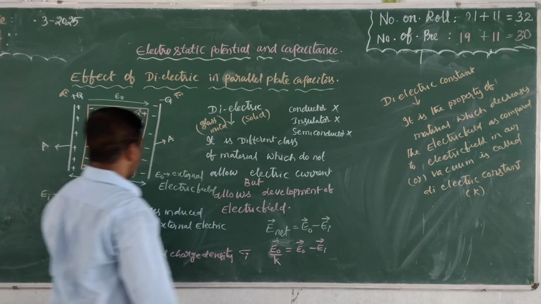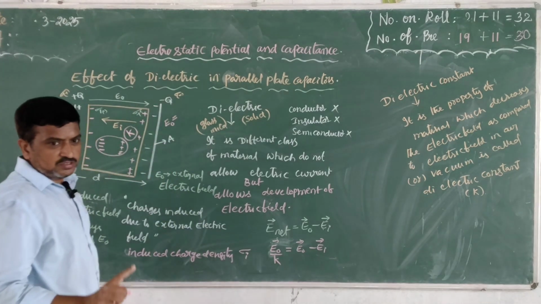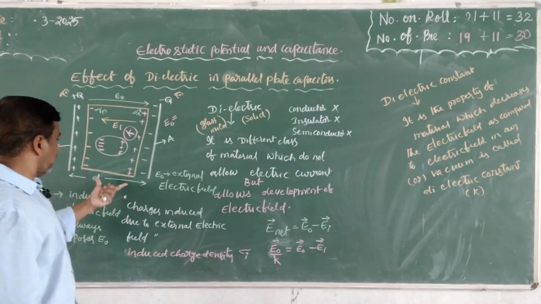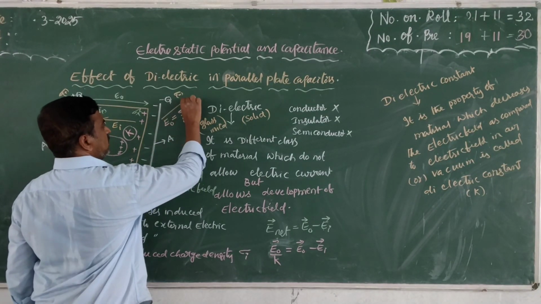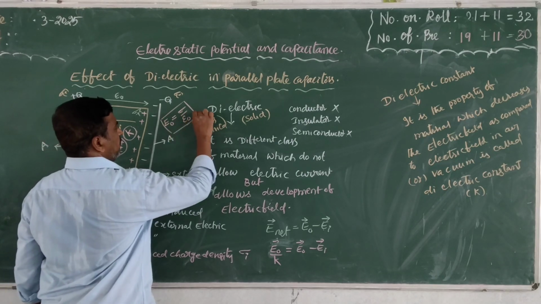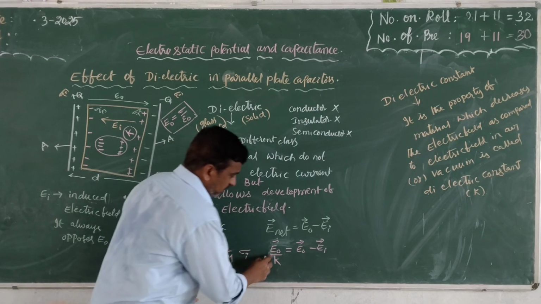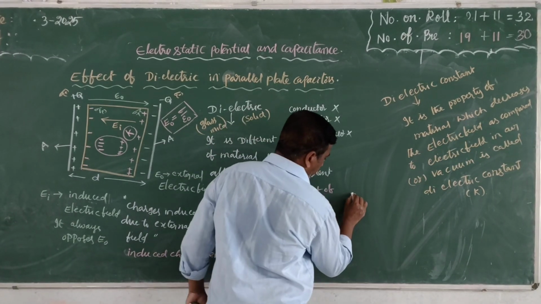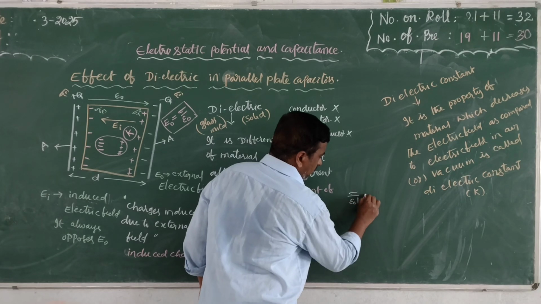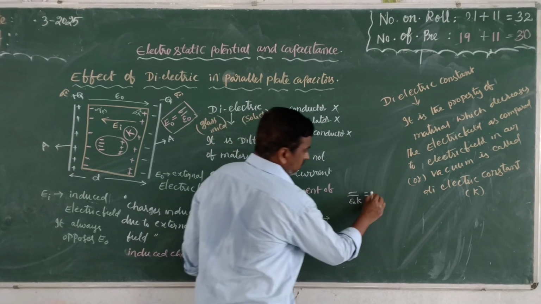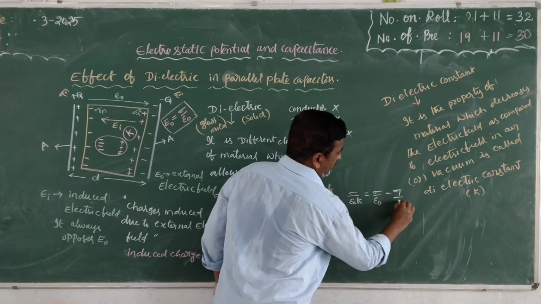Actually, for a single plate E naught equals sigma by 2 epsilon naught. Here, for parallel plates, we write sigma by epsilon naught. That is the E naught value: electric field equals sigma by epsilon naught. Sigma means surface charge density, sigma equals q by A, charge per unit area. E naught by K is sigma by epsilon naught K, which equals sigma by epsilon naught minus sigma I by epsilon naught.